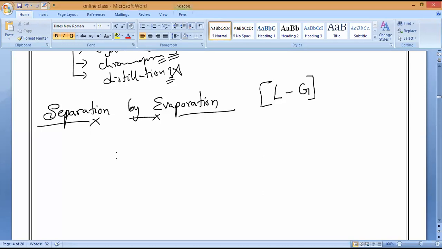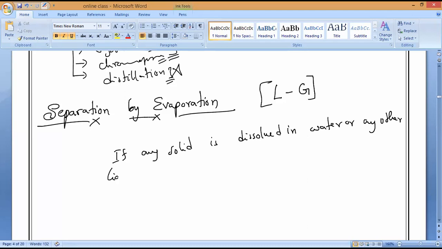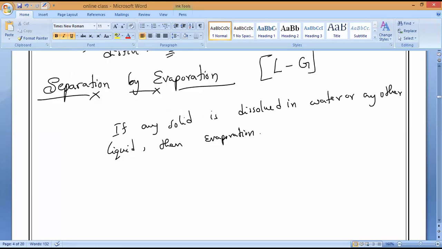So remember, if any solid is dissolved in water or any other liquid, then which method will we prefer? Evaporation is one of the separation techniques we use to separate it. Do you understand, everybody?